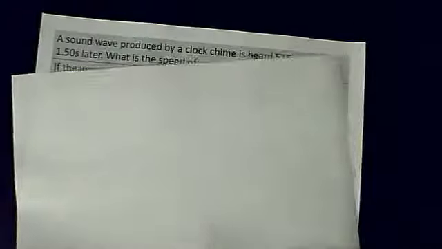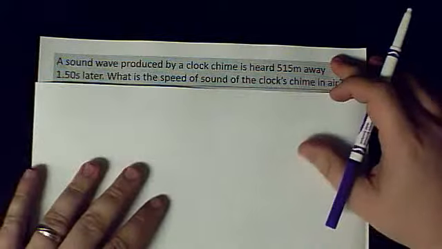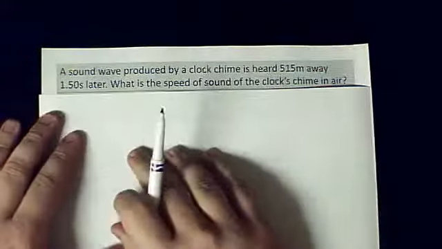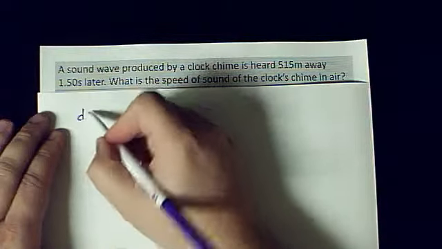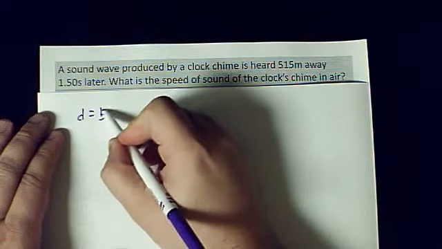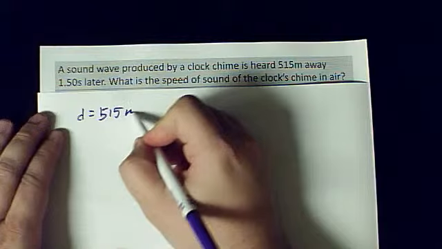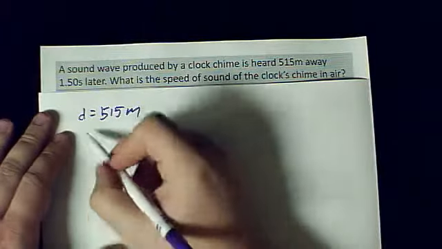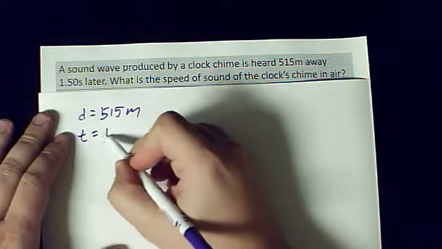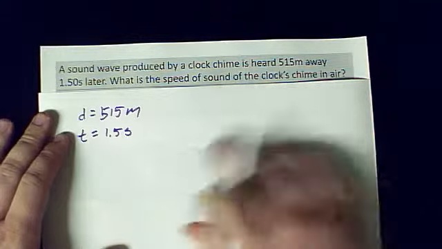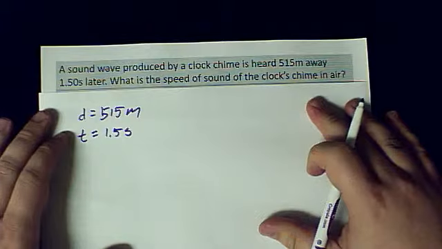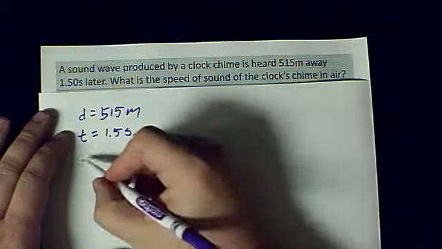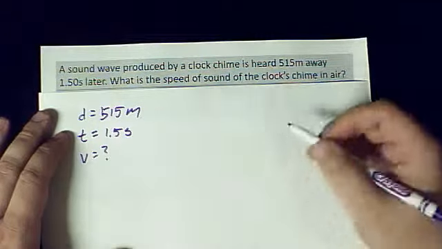Okay, so let's look at a couple of example problems. A sound wave produced by a clock chime is heard 515 meters away, so the distance it travels is 515 meters. 1.5 seconds later, so the time it took is 1.5 seconds. What is the speed of sound of the clock's chime in air? So it's asking for speed.